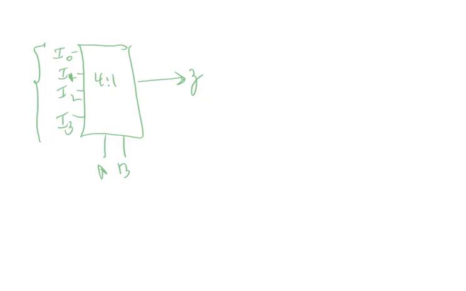But one thing I can say is it's going to be M0 times I0 plus M1 times I1 plus M2 times I2 plus ... M sub i times I sub i. And M0 is going to be represented by A' B'.